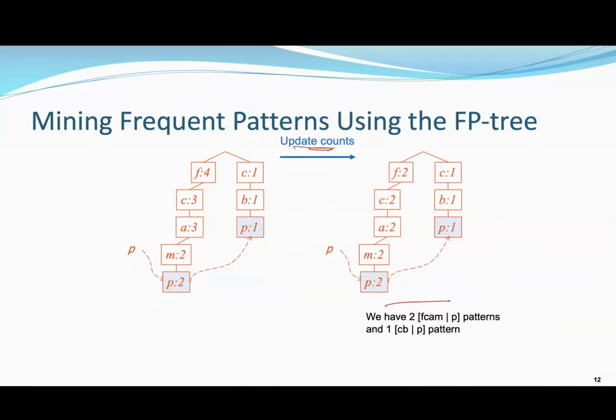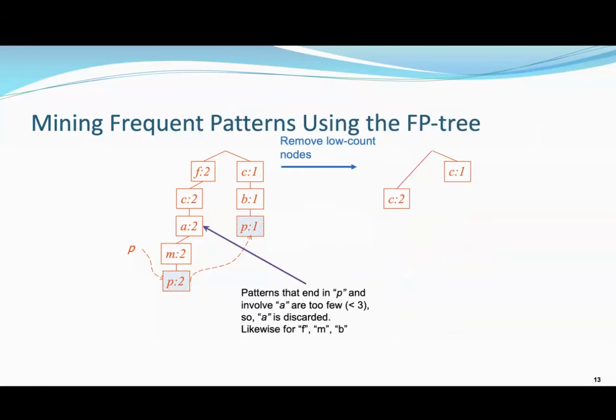After this is updated, the next step is to remove the low count nodes. Again, we have a minimum support requirement of 3. So we look at these paths and see what are the items that do not provide enough support.